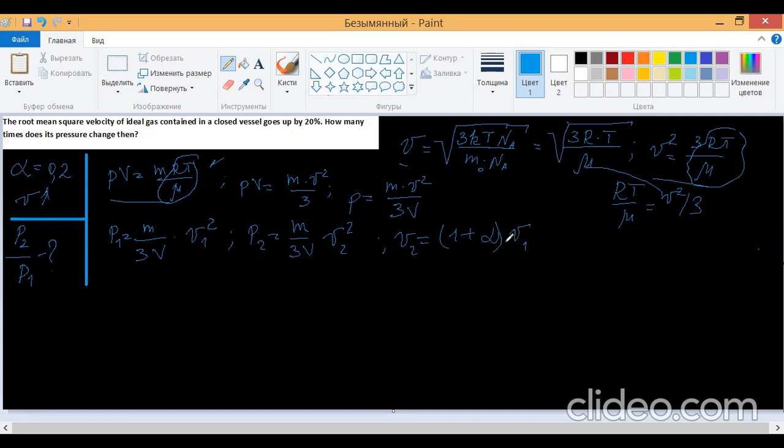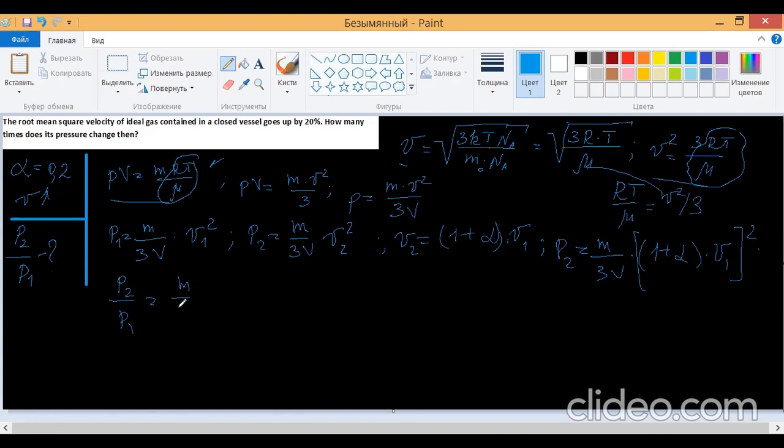And if it goes up, I should multiply v1 by 1 plus alpha. In other words, I can write that the second pressure P2 is equal to m over 3V times 1 plus alpha times v1 squared.